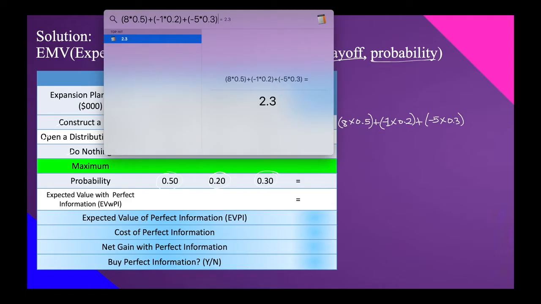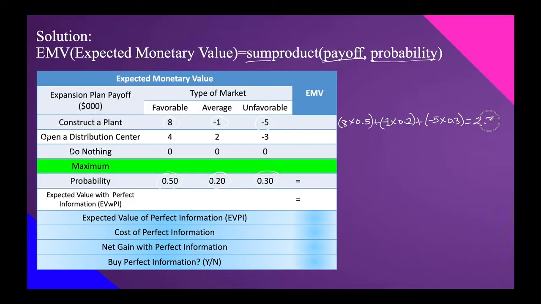The answer is 2.3. Therefore, the EMV of constructing a plant is equal to 2.3. Okay, so let's write here 2.3.